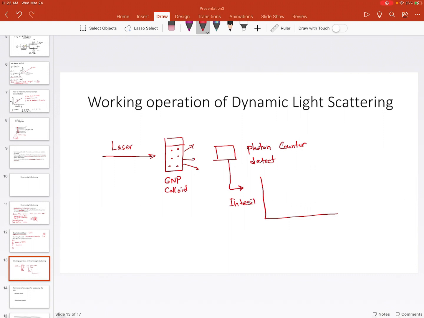We have intensity on the y axis, and we have diameter here. And as I mentioned, a size distribution of particles distributed in a sample is what we can measure. So the graph will look like this.